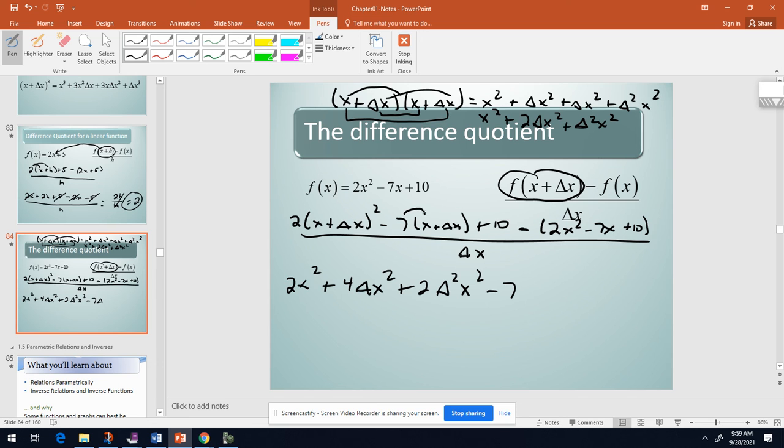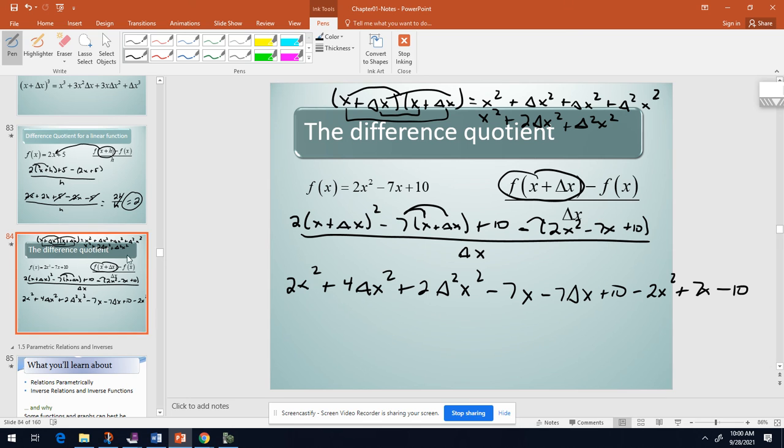So I'm distributing here, minus 7x, minus 7 delta x plus 10. And I'm going to distribute this negative. So let's see, I'm going to minus 2x squared plus 7x minus 10. At this point, you should combine anything that you can combine and cancel stuff.